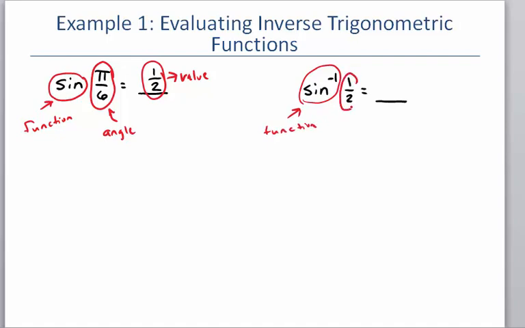They're going to give me the value. And the question mark is going to be the angle. It's going to be the missing piece. And so our answer here would be the pi over 6, and that would be our angle.